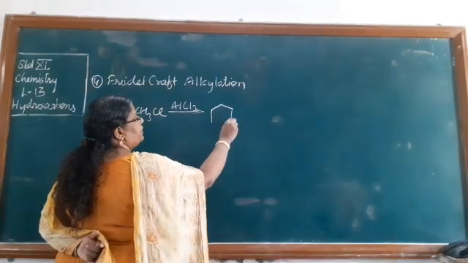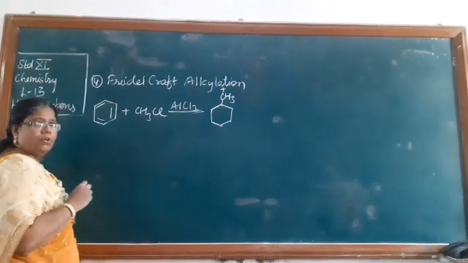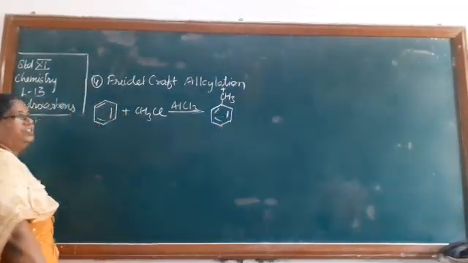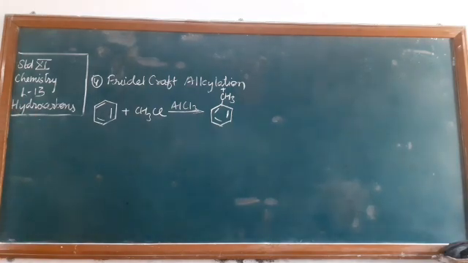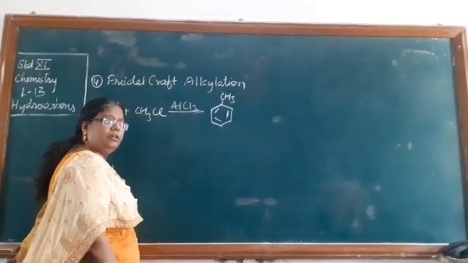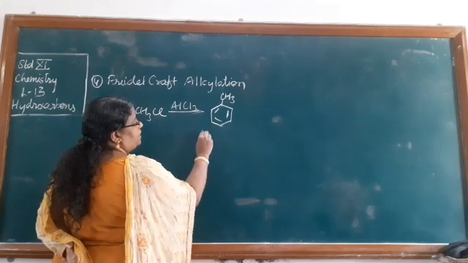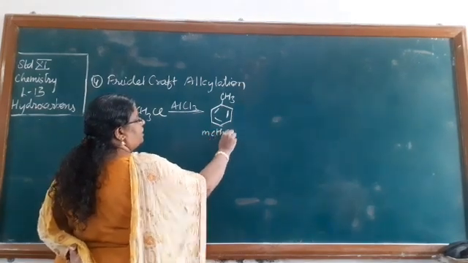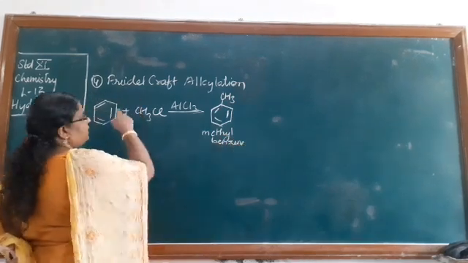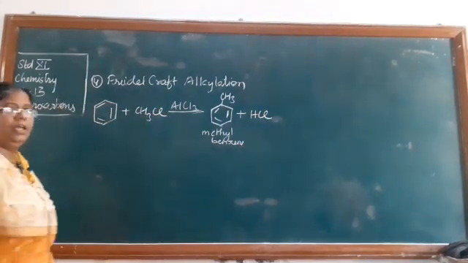Which is the electrophile generated in alkylation? It is the methyl carbocation or ethyl carbocation, CH3 plus or CH3CH2 plus. Here there won't be any positive charge, it will be bonded to CH3, it will be bonded to benzene, giving you methyl benzene, and the hydrogen that gets removed from here, the product will be HCl.